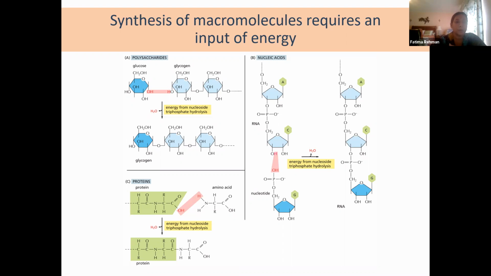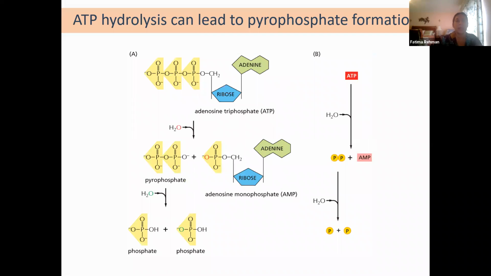And a lot of them are fueled through energy from some type of nucleoside triphosphate hydrolysis. Many of these bonds, if you remember, actually include not just a single bond getting broken, but two phosphate groups getting broken from that triphosphate chain hydrolysis, either GTP or ATP, so that you get AMP molecules at the end of the day to make those bonds to create the final macromolecule chains that we get.